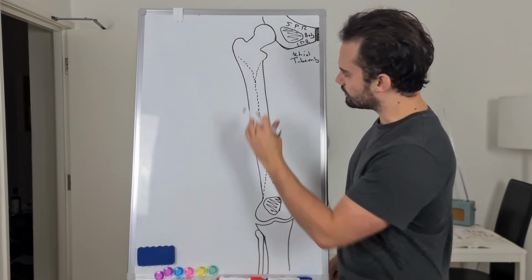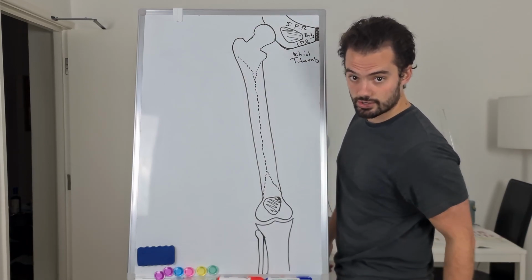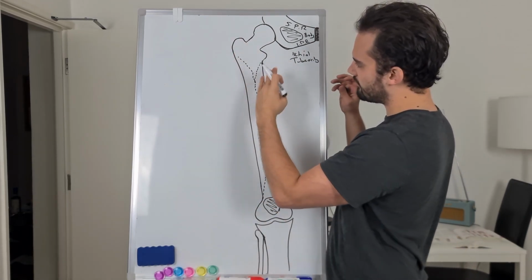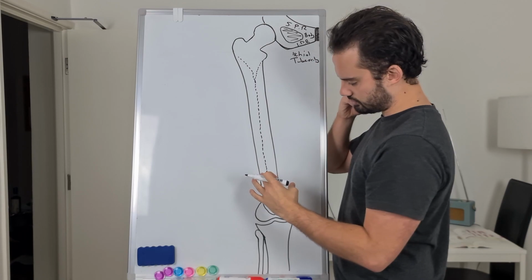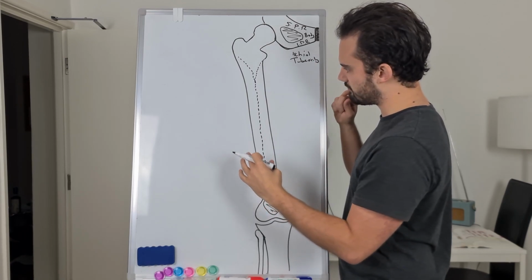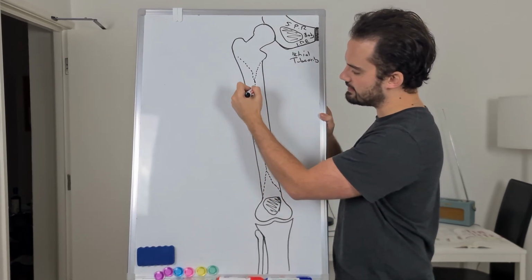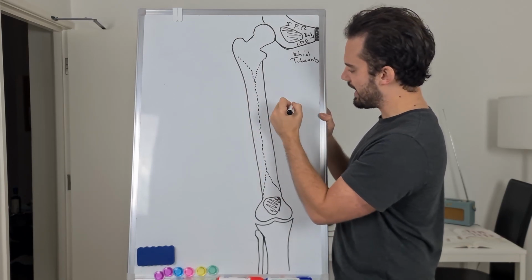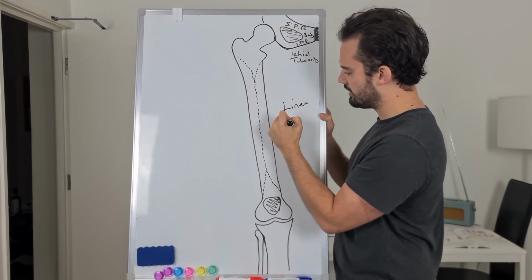This is on the back of the femur, not the front, the posterior aspect. But this appearance you will see on most bony femurs. And the big line in the middle, that is your linea aspera.